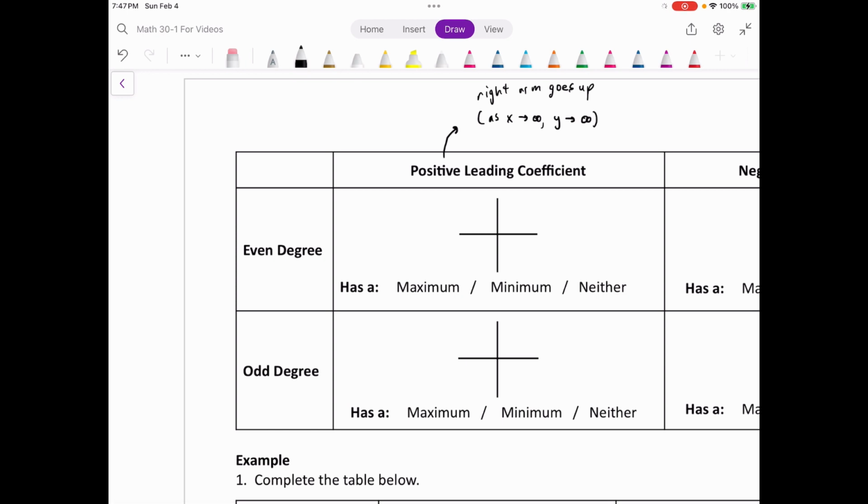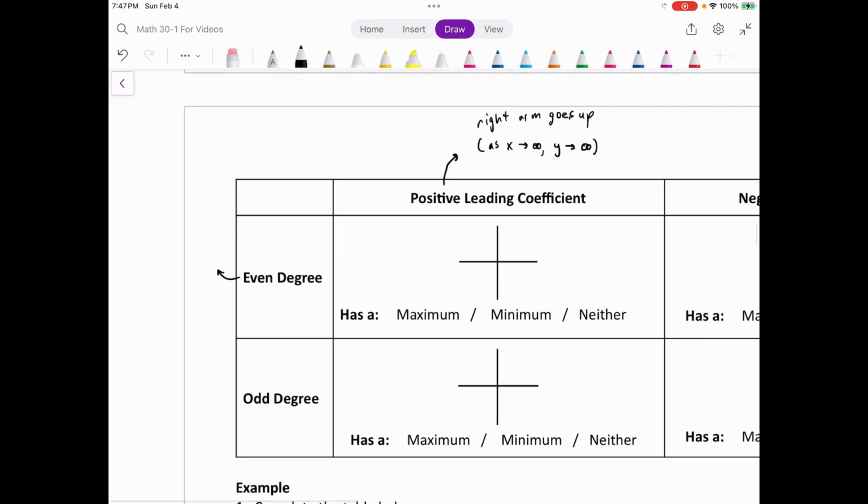Now, even degree, do you remember what that tells us about the end behavior? Right, even degree means that both arms go in the same direction. Okay, and again, what does that really mean?